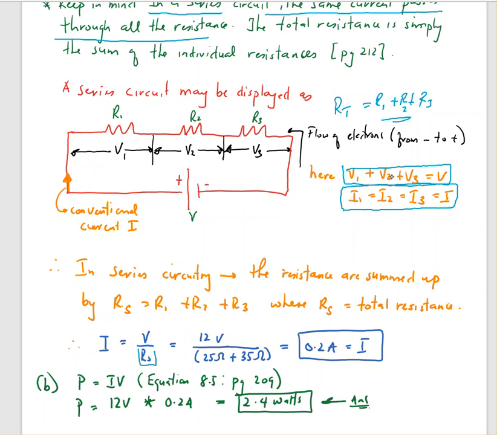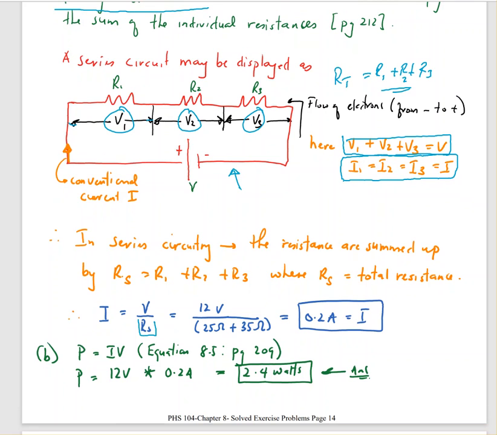So the voltage across each resistor is going to be different. So just keep that clue in mind. And this is how your circuitry will look whenever you have resistors in series. So once you find out what your current is, it's going to be V divided by the actual total resistance.